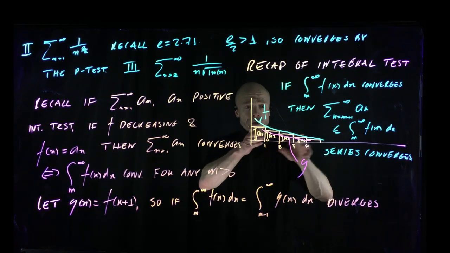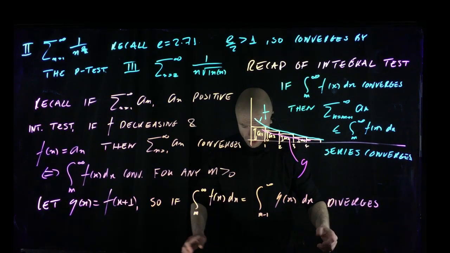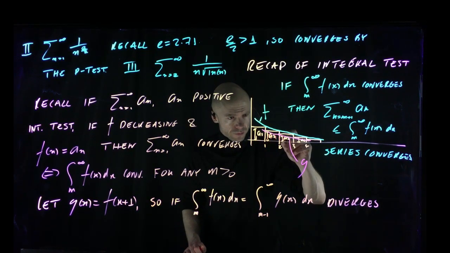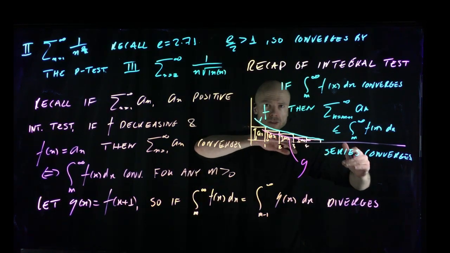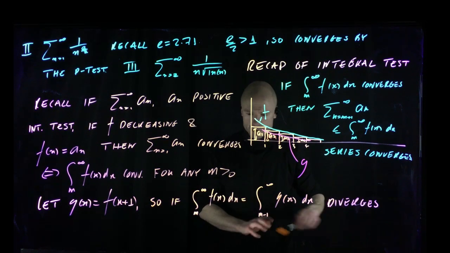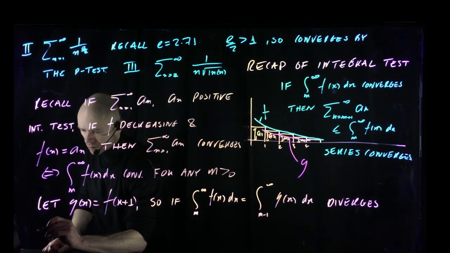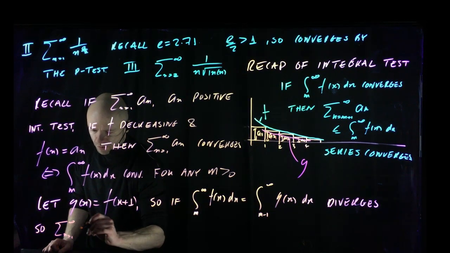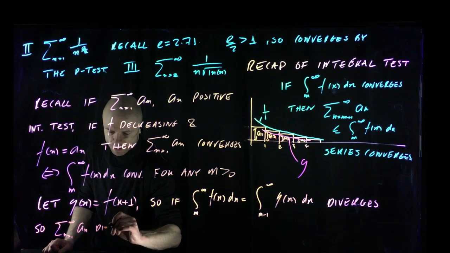Which is saying that the area underneath the red graph here is infinite. So this is called infinite area. And it lives underneath these blocks, which means that the sum of the areas of the blocks is infinite. So this series to infinity, a n, diverges.